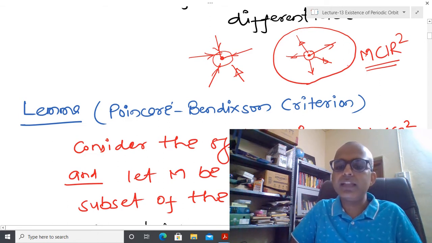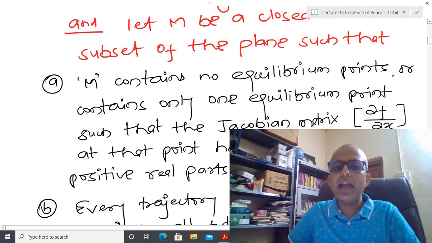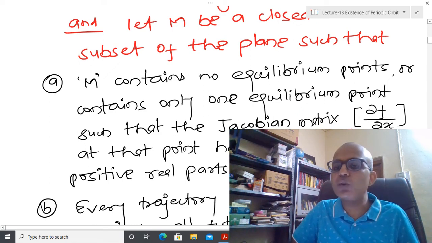Then M contains no equilibrium point or contains only one equilibrium point, such that if you calculate the Jacobian del f by del x at that point, it has an eigenvalue with positive real part.